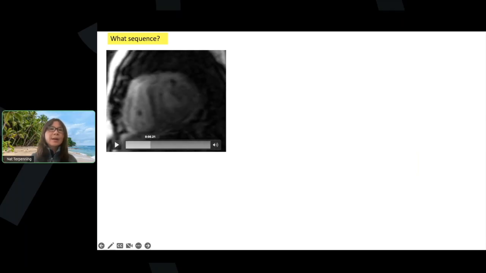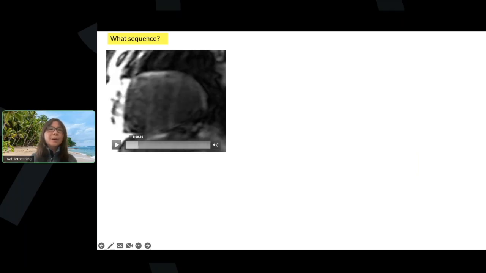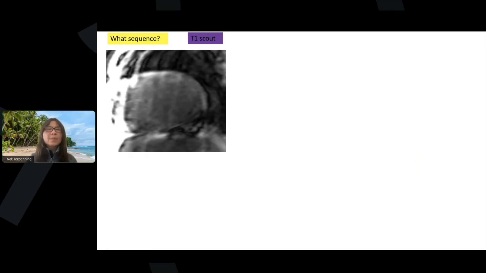I think probably some of our faculty here has told you about this. You see this sequence we call TI Scout. TI Scout is the sequence where we change the TI time, increasing TI over time, to see where the null point of the myocardium is, because we want to use that null point to scan the patient.